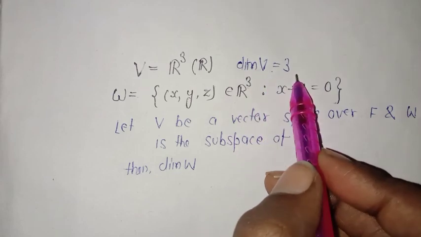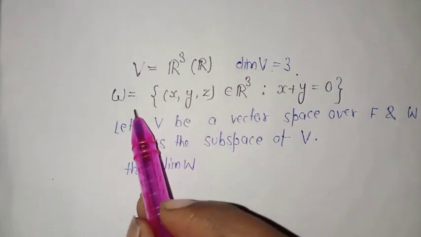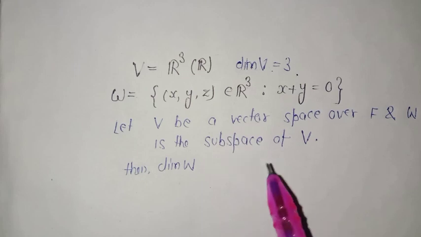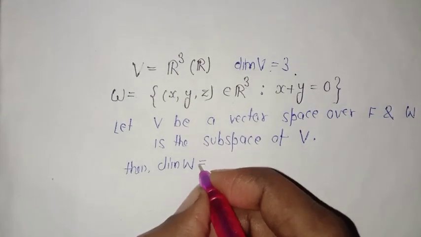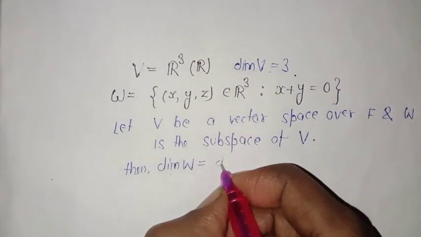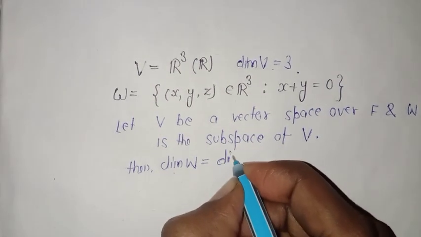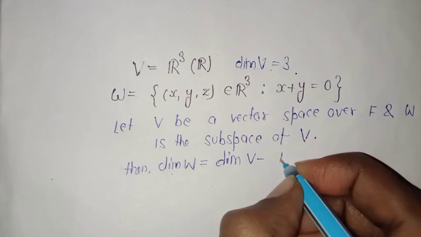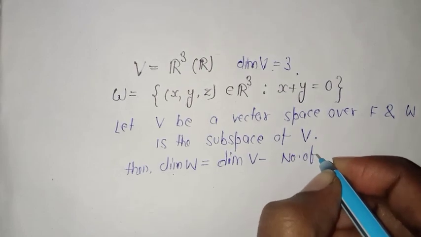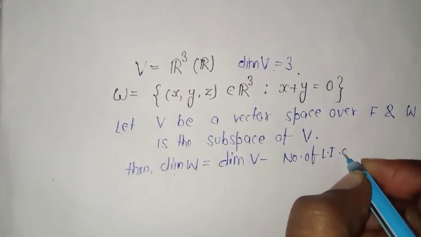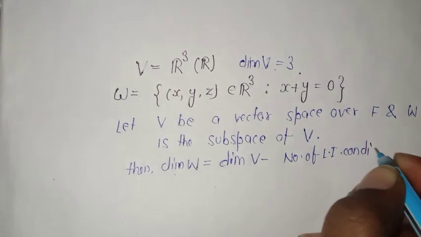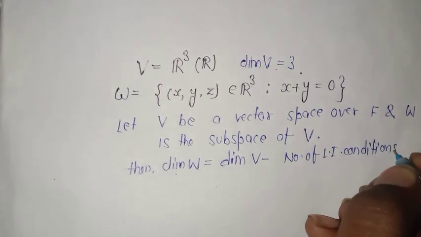Now if we try to find the basis for the vector space W, in that case we use this formula: the dimension of W is equal to the dimension of V minus the number of linearly independent conditions.